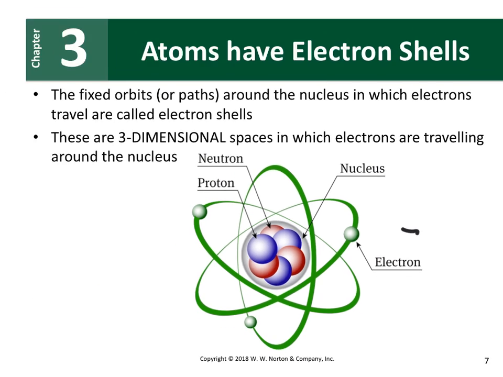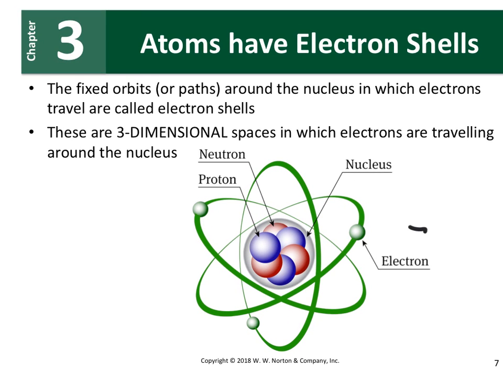So this is a schematic of what an atom looks like. It's got a nucleus in the center made up of protons and neutrons. It's held together by something called the strong force, which is in physics one of the four forces. And then around we have electrons.